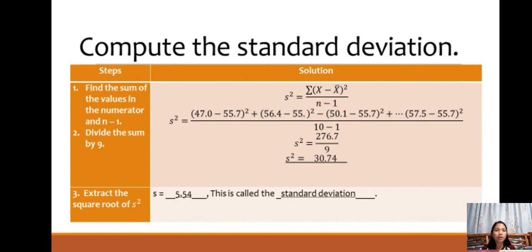And lastly, we have 57.5 minus 55.7 squared equals. So we have 276.7. Now divided by 9. So the answer is 30.74. Okay, so you can check using Excel if you want.